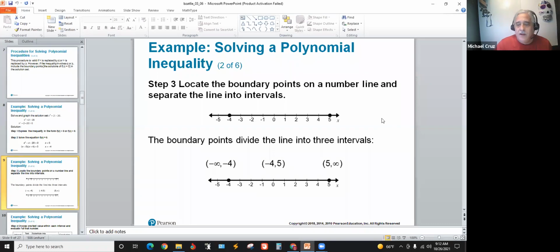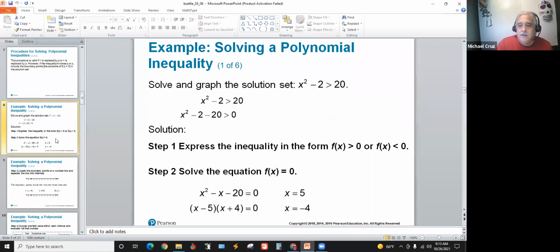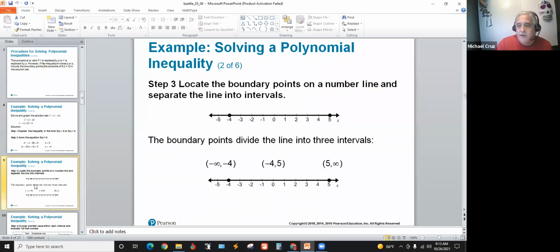And that's how they've got it divided up: negative infinity to negative 4, negative 4 to 5, and 5 to infinity. And the reason why they use the parentheses, and not the equal sign, is just because there was no equal sign on that thing.